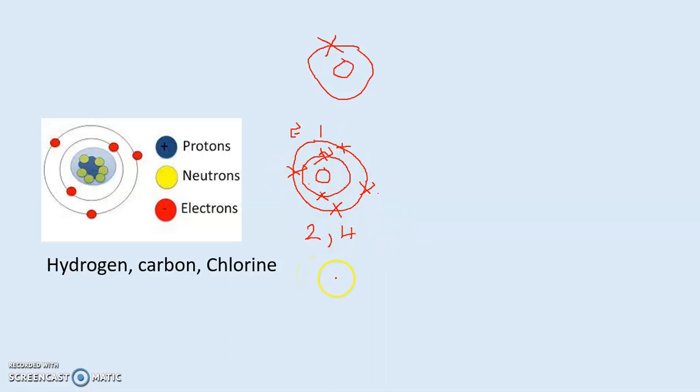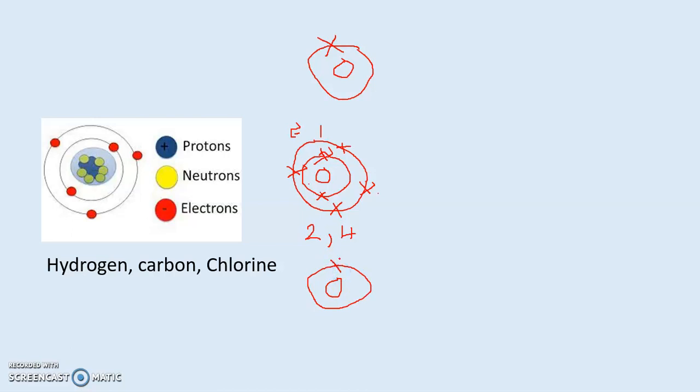Let us look at chlorine. The atomic number for chlorine is 17. So let's draw the diagram for chlorine. We have the nucleus, which consists of protons and neutrons.